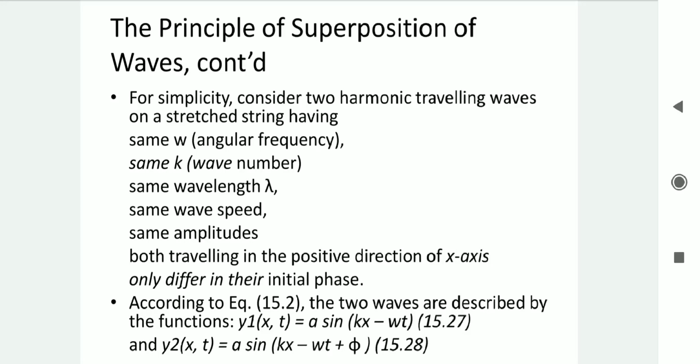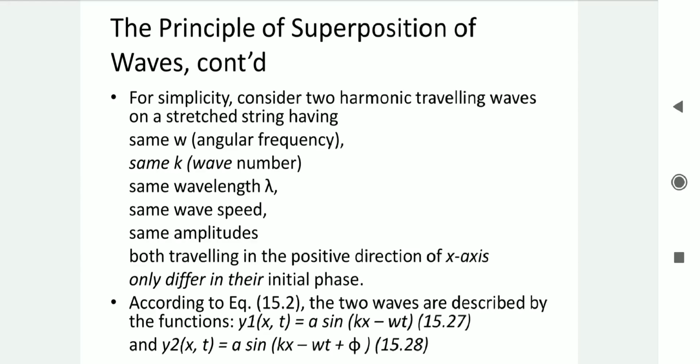So according to that, the two waves can be described as y1(x,t) equal to a sin(kx minus omega t), and another wave y2(x,t) equal to a sin(kx minus omega t plus phi). In the first case, we consider phi equal to 0. In the second wave, we have some phase value.